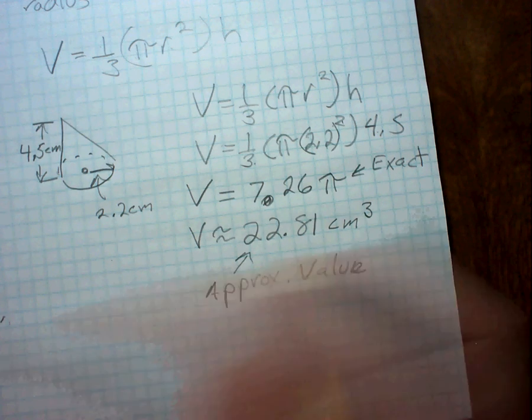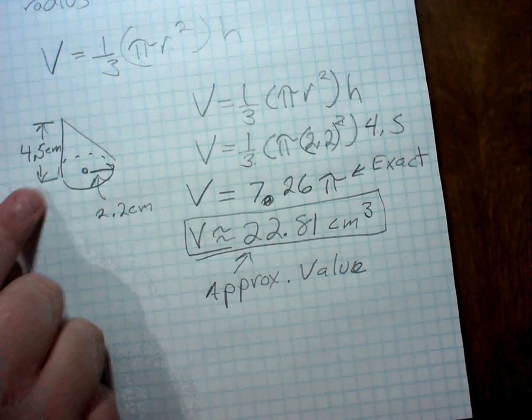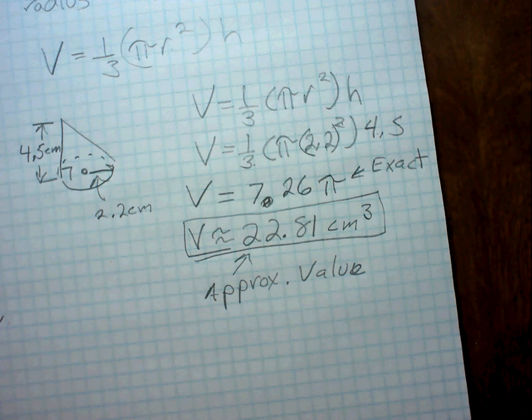Okay, so that's the volume of this cone. And this is the altitude height because this forms a 90-degree angle. So it looks like a slant height, but it's not really a slant height. It's a 90-degree angle.